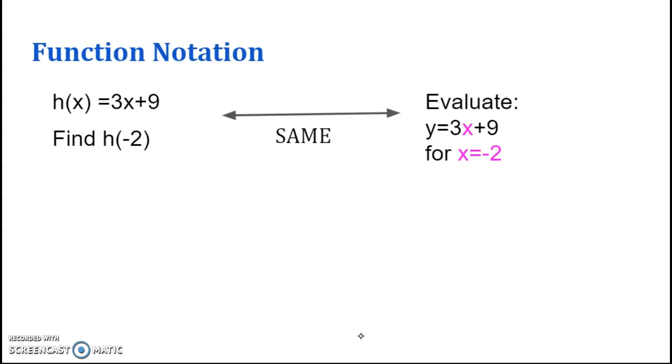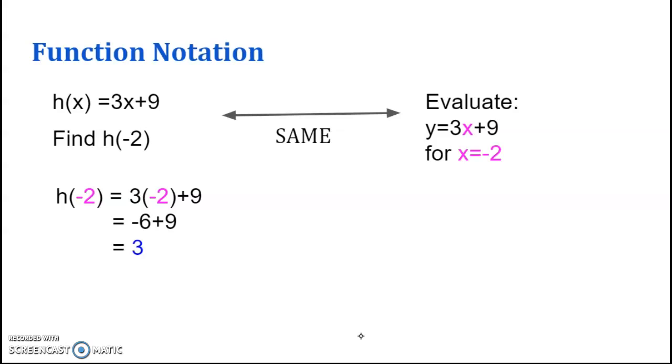So if I was to quickly solve this, I know that the input is -2. So I put -2 next to h. H is the name of the function, and where x was, I'm going to replace it with -2. Wherever I saw an x before, I am going to put a parenthesis and put the value that we have, -2, here, plus 9.